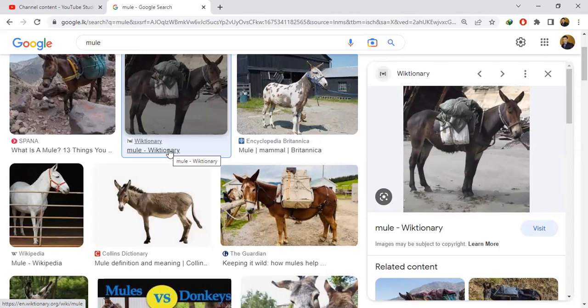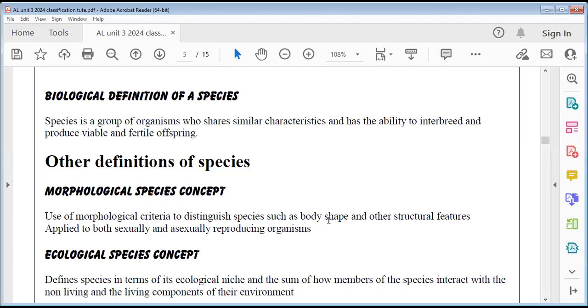No, sir. Right. So, are you clear on the biological definition? Good. But application of the biological definition is not easy for every group of organisms.